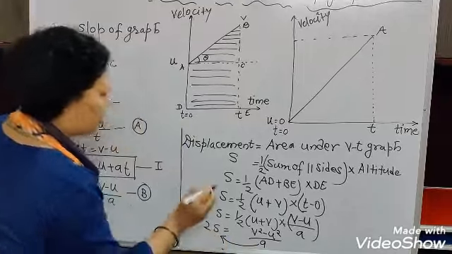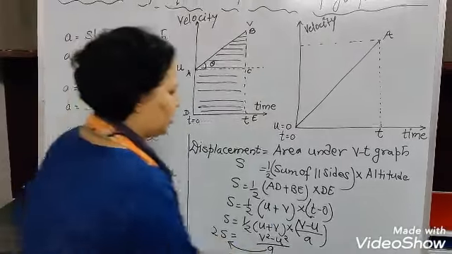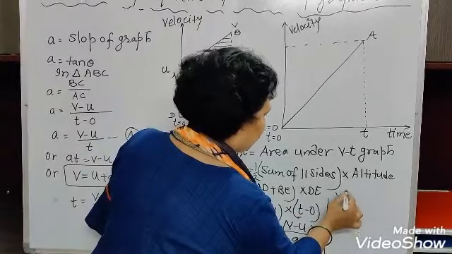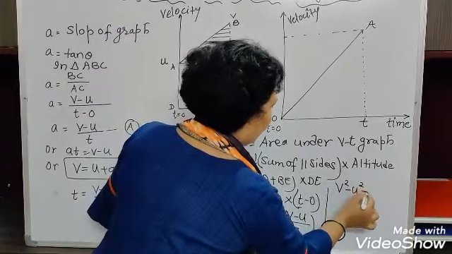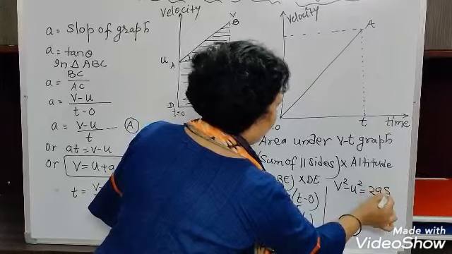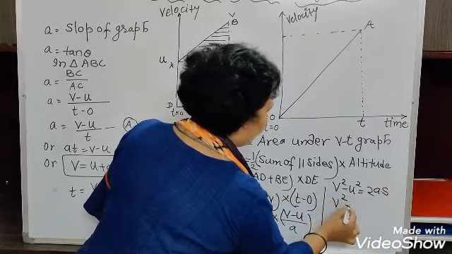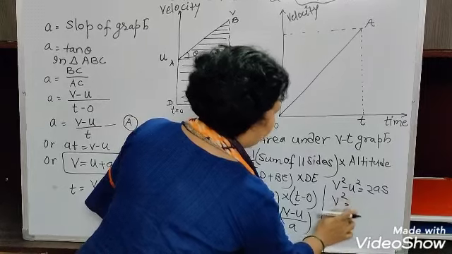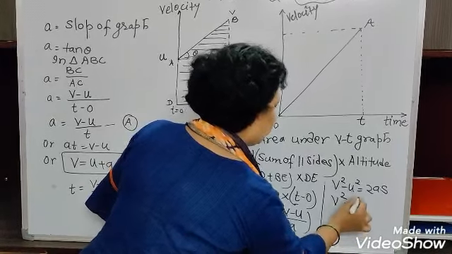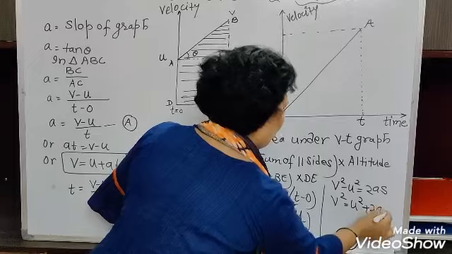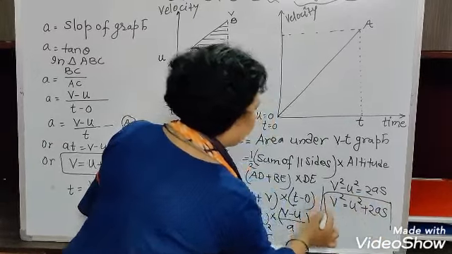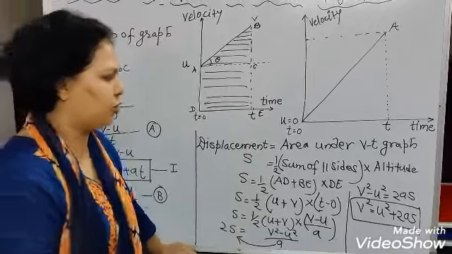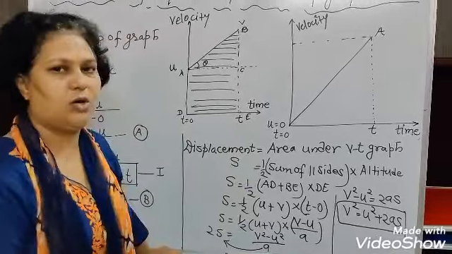This a will also go to this side, so v square minus u square is equal to 2as. v square is equal to u square plus 2as, and this is the third equation of motion. Now we have to derive the second equation of motion.